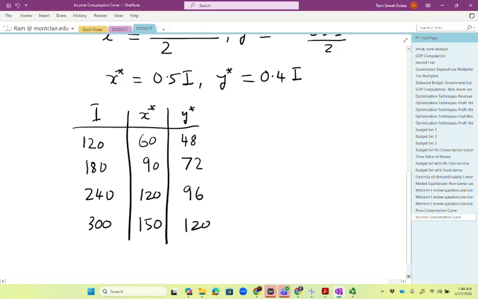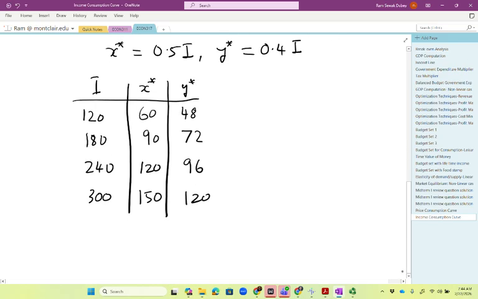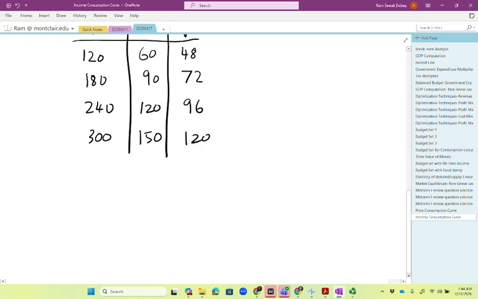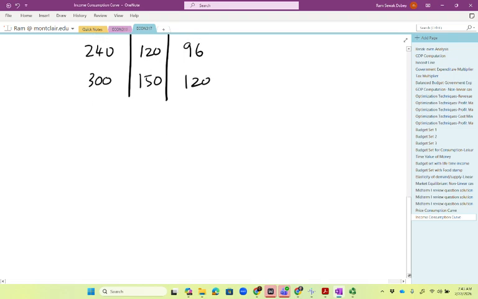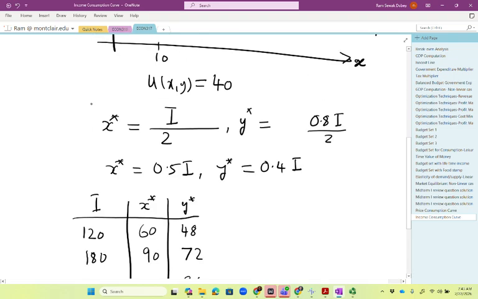Remember, I have solved the optimal consumption bundle exercise for this utility function and the parameter values, price of good X, price of good Y, and income, and I have determined that solution, which turns out to be given by these two expressions.